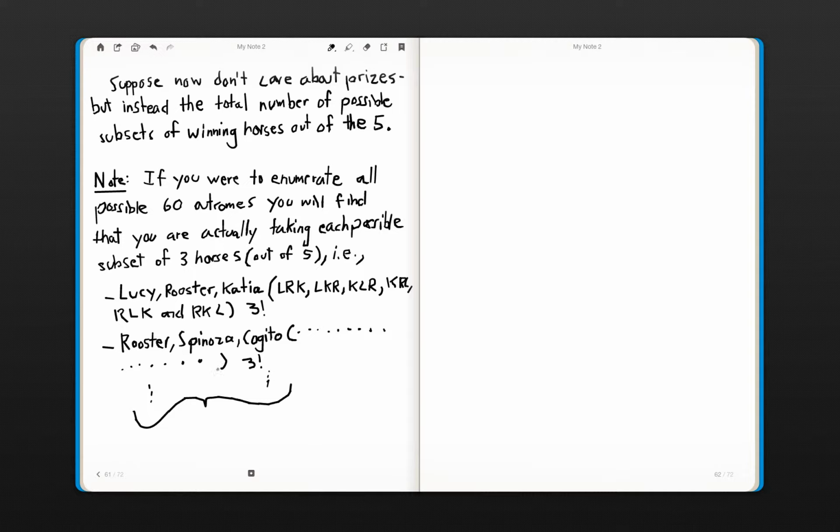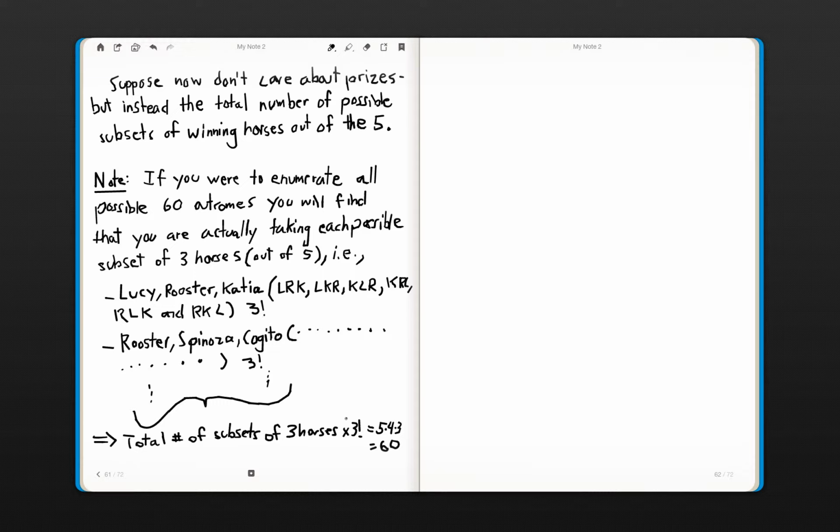Okay, now what that tells us then is, so here's the big takeaway from this, is that the total number of subsets of 3 horses times 3 factorial should give us then our 5 times 4 times 3, or 60, which is again the total number of outcomes to the race with 3 horses winning first, second, and third prize, where order again is important.